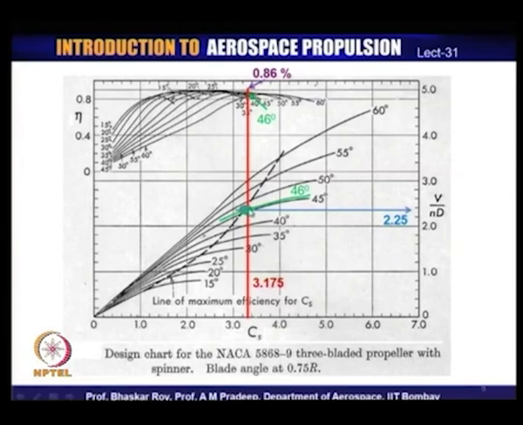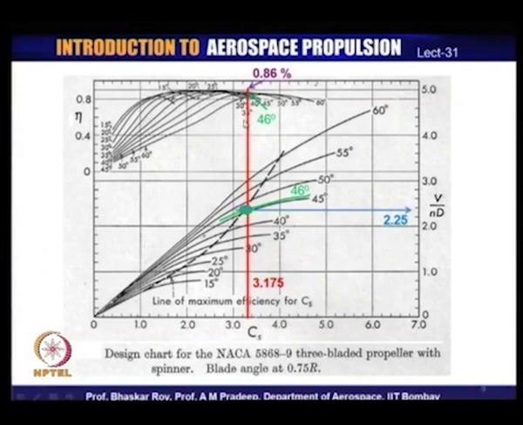You are likely to get a blade setting solution of the order of 46 degrees, slightly higher than the 45 degrees which has been provided here. If you proceed vertically upwards at the 46 degree efficiency curve, you could get at this C s an efficiency of the order of 86%.